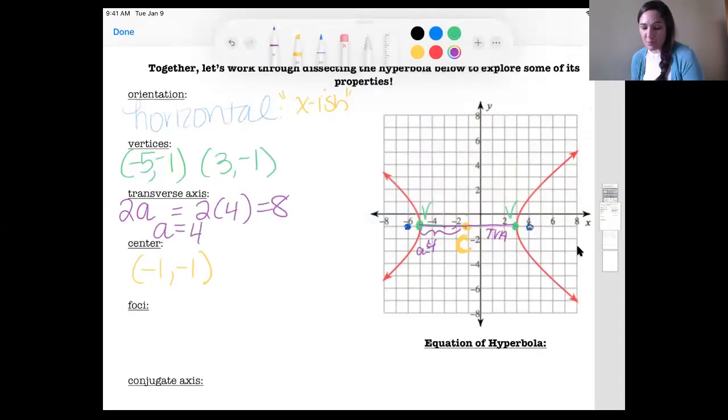All right, now we have our foci. So it's really nice. Our foci are actually given to us in this drawing, or in the sketch of this graph. So our foci are here at (-6, -1) and the other focus is here at (4, -1).